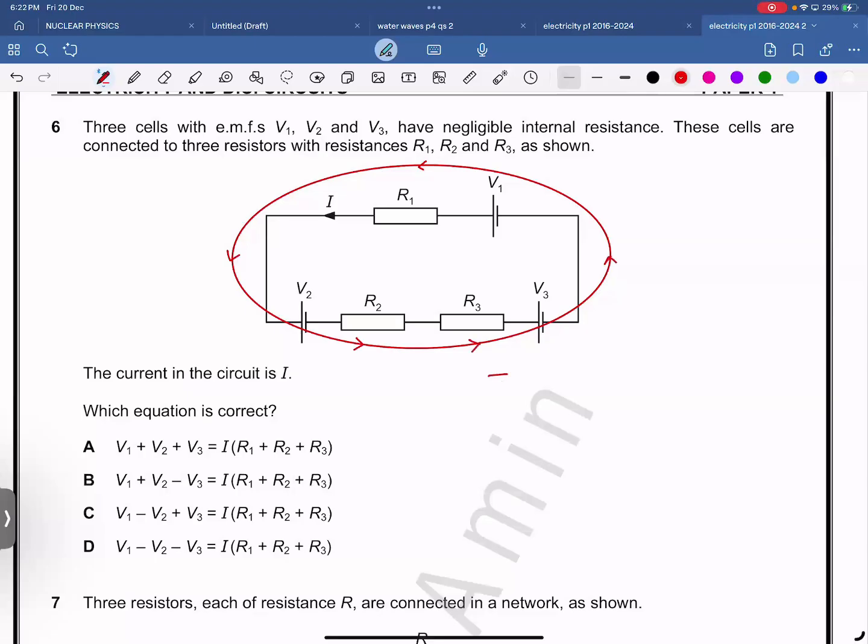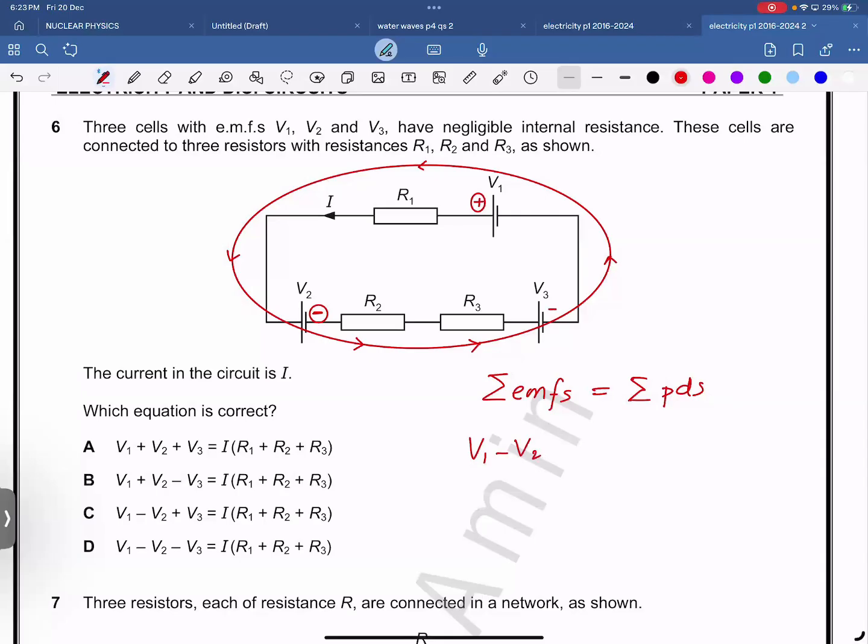The sum of all EMFs is equal to the sum of all PDs. Now this is leaving the positive terminal, so V1 is positive. This is leaving the negative terminal, so V2 is minus.